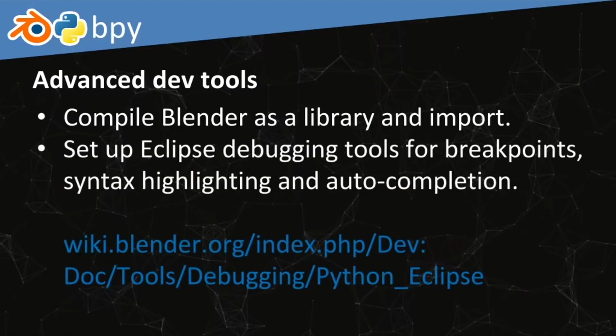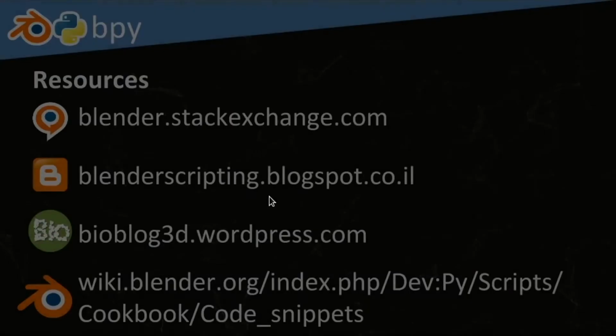You can work with other sources or other IDEs. You can also compile Blender as a Python library and just import it to your Python script. And you can set up Eclipse for debugging in real time with breakpoints and anything you want. It's a little bit tricky, but it's not too bad, and you can do that. There's a link here for doing that.